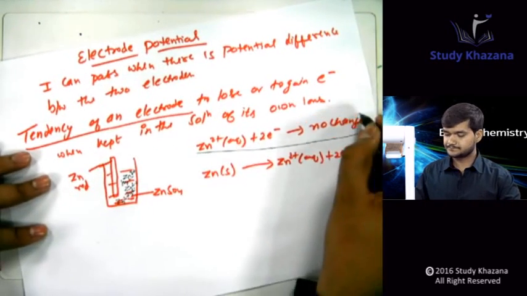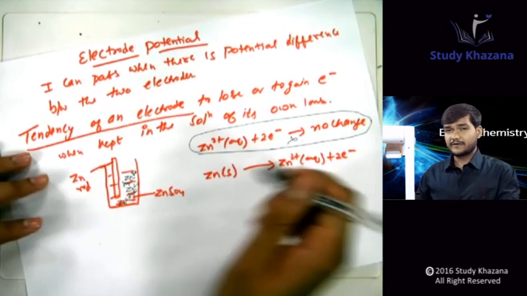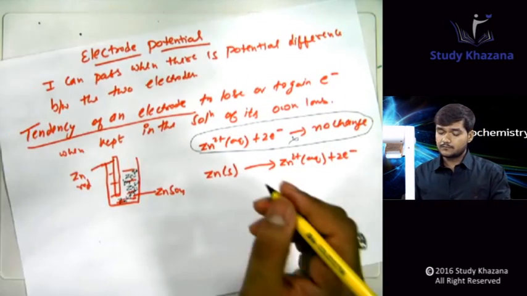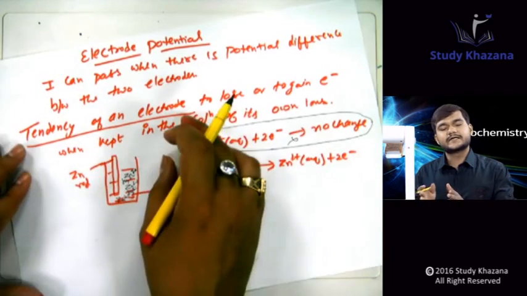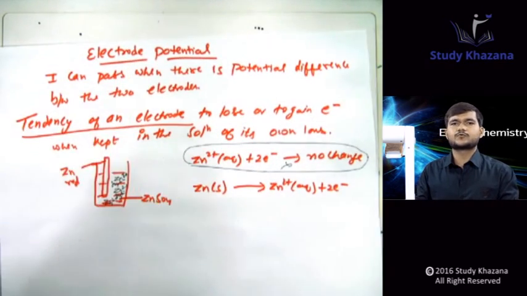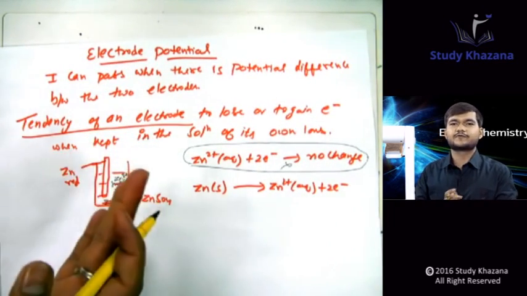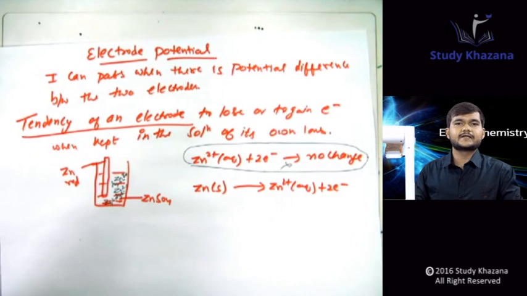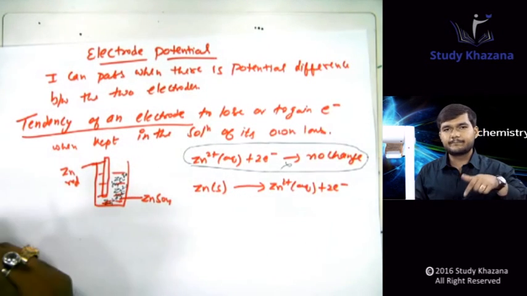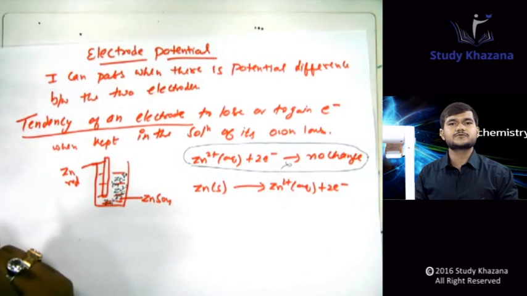I am telling you, what is electrode potential? It is a tendency of an electrode to lose or gain electrons when it is dipped into the solution of its own ions. We cannot do anything about that.